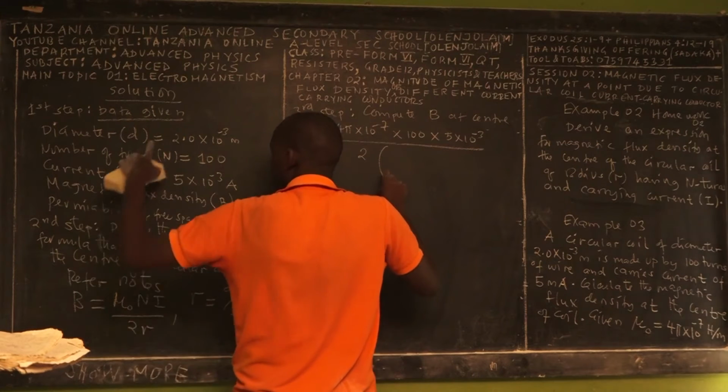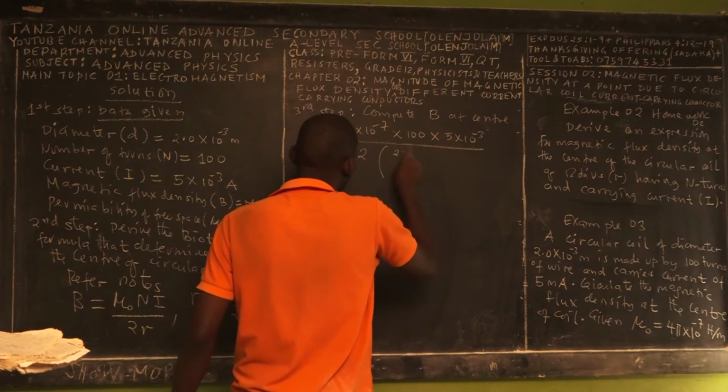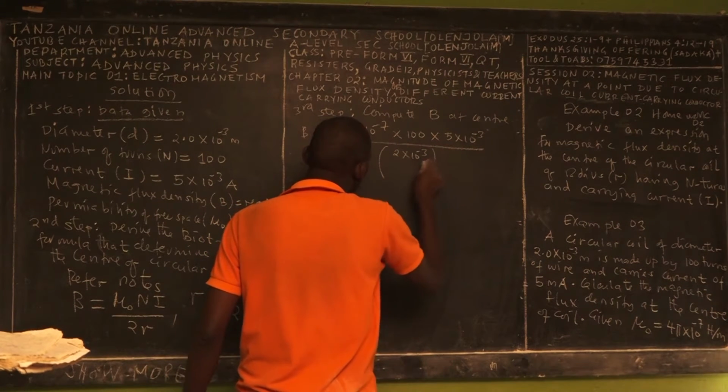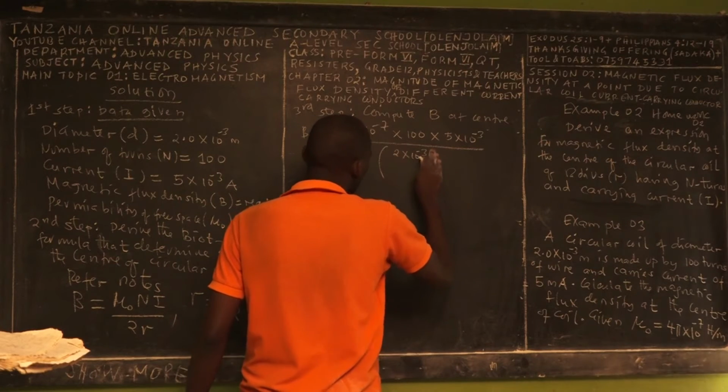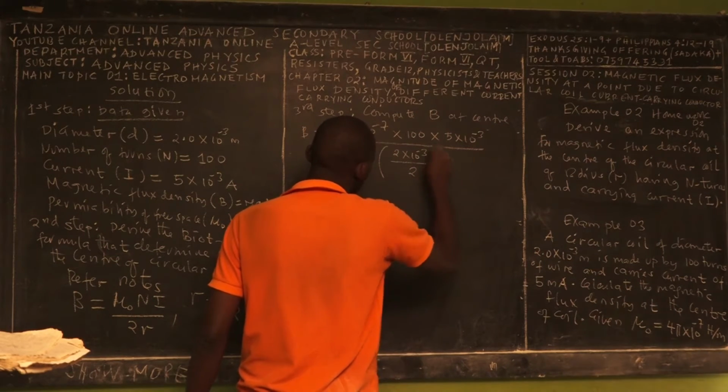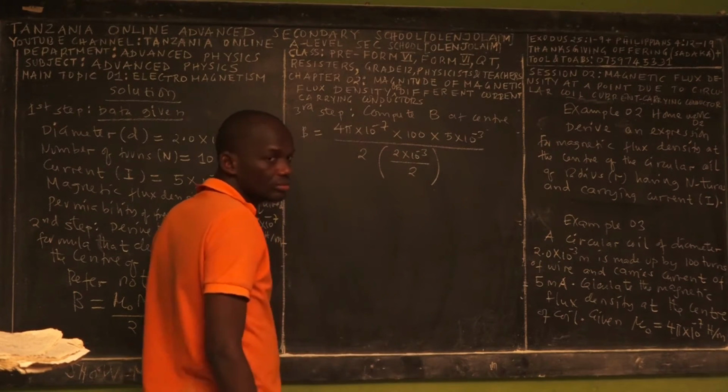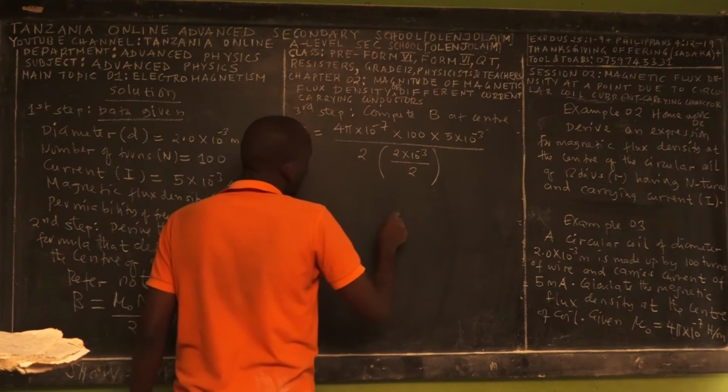The diameter is 2.0 × 10^-3, over 2. So we can simplify this.